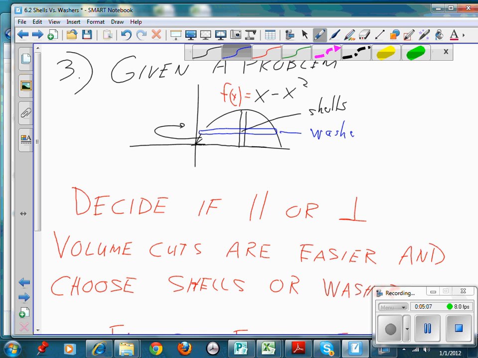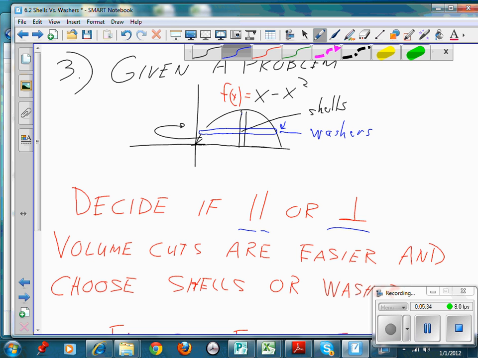Which way is easier? You're going to decide if parallel or perpendicular volume cuts are easier. In this case, in order to use washers, I'd have to turn this into a function of y, which would be very difficult. I could do it both ways, but this is obviously setting my cut parallel.